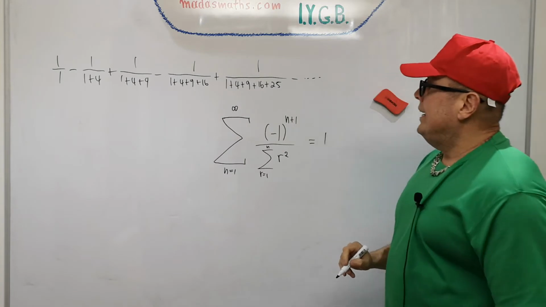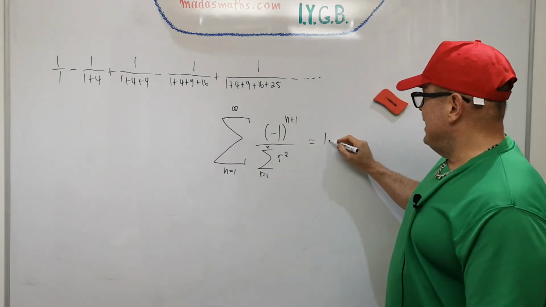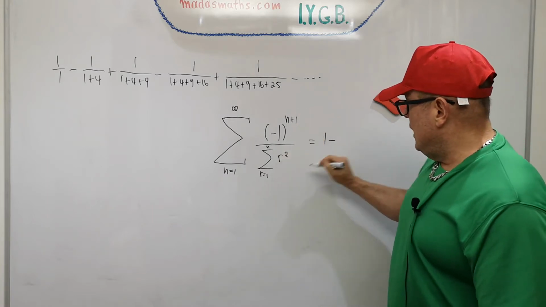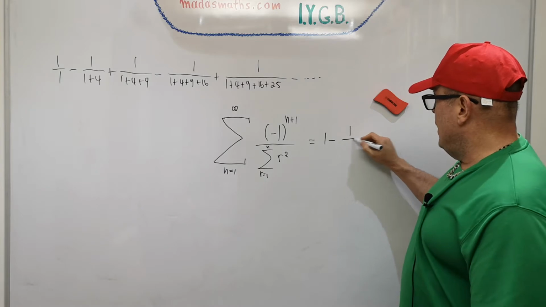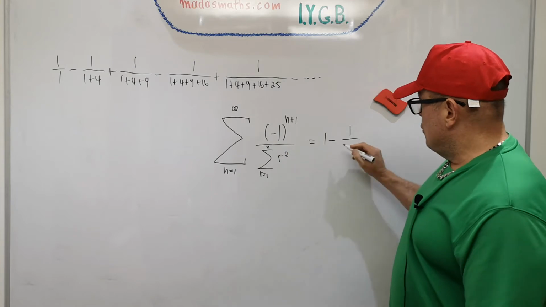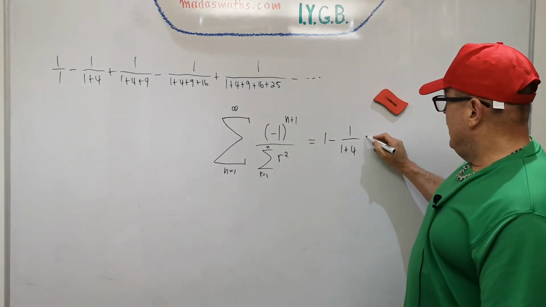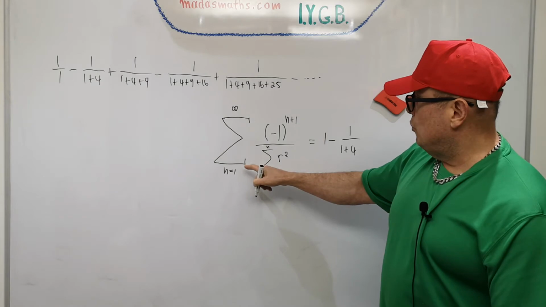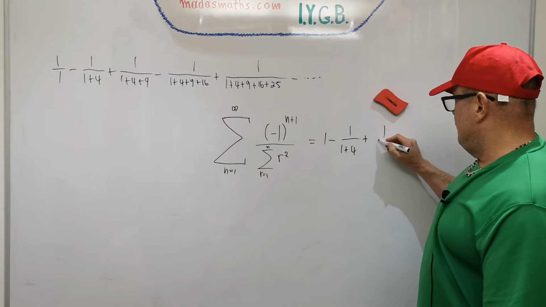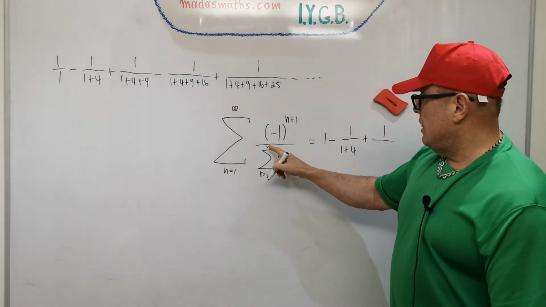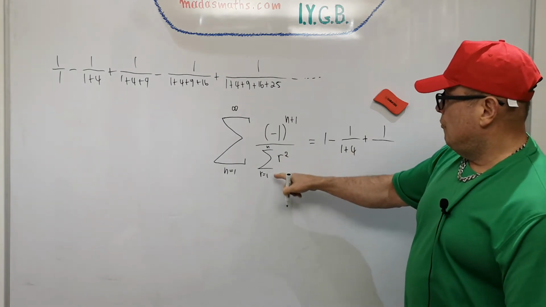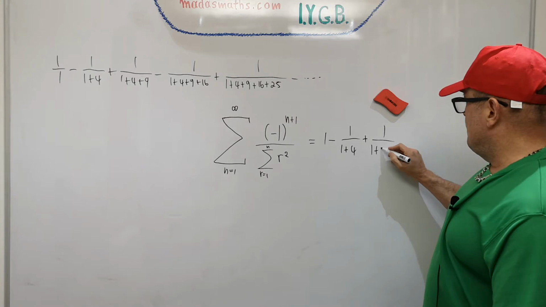When we put n equals 2 there, this will go negative because it will be to the power of 3, and then we'll be adding 1 over, and now we're going to have r squared up to 2, so it's 1 plus 4. Then if we put n equals 3, that's going to go positive, so this will sort out the positiveness of the term. And if we put 3 in there, on the denominator we're going to have r squareds from 1 to 3, so it's going to be 1 plus 4 plus 9.